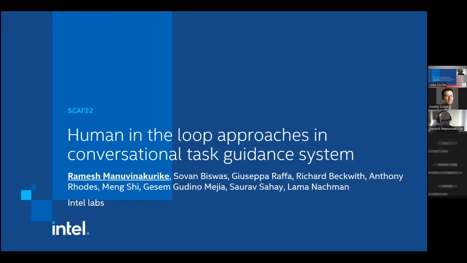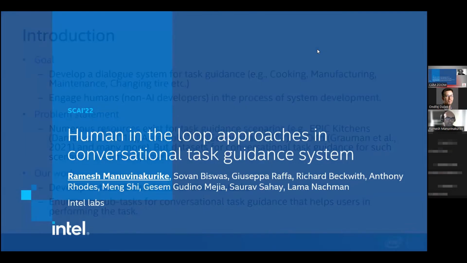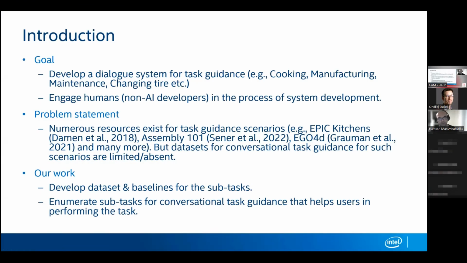So we are from Interlabs, and we are looking at human-in-the-loop approaches for conversational task guidance system development. So the goal of our work is to develop a dialogue system for task guidance. The task guidance can really be any situated task.